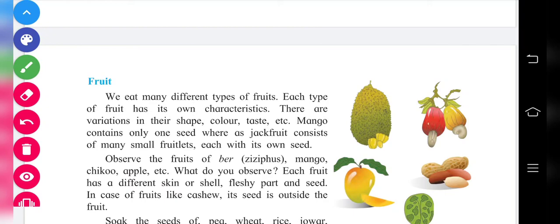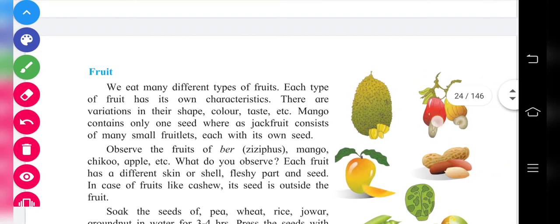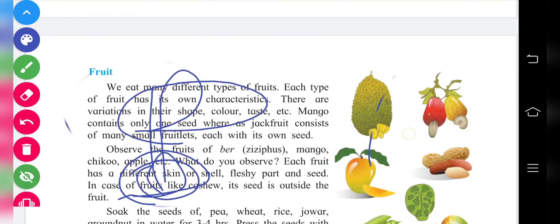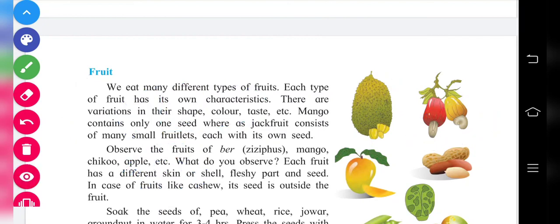Mango and apple have their seeds inside. You can observe this in your locality, your market or your home also.